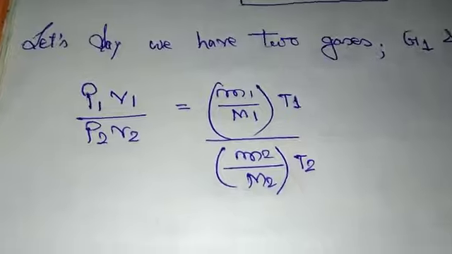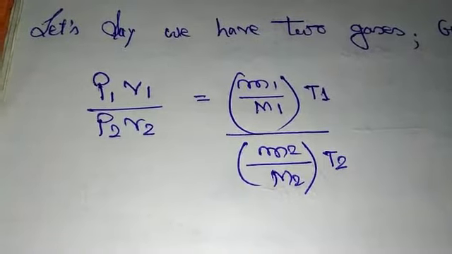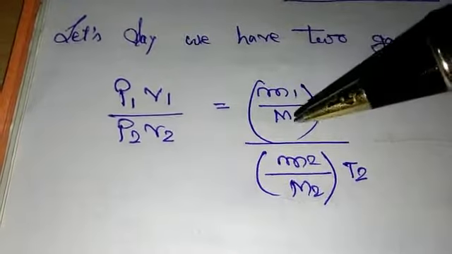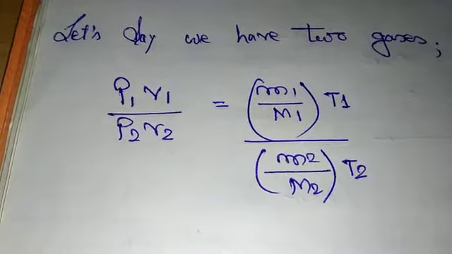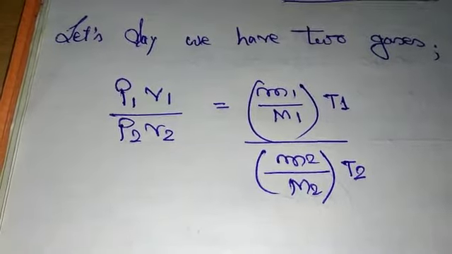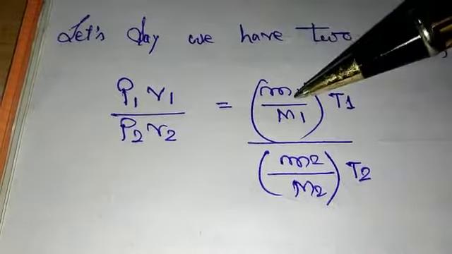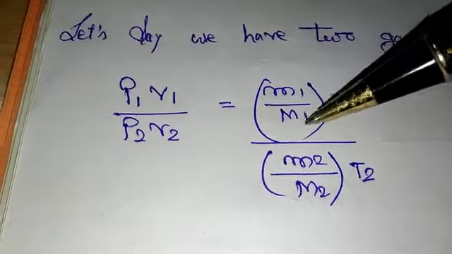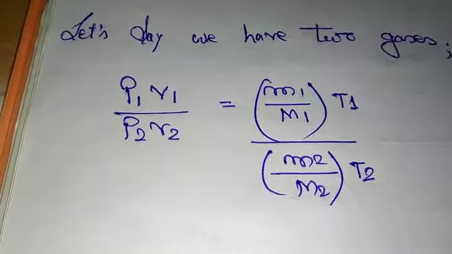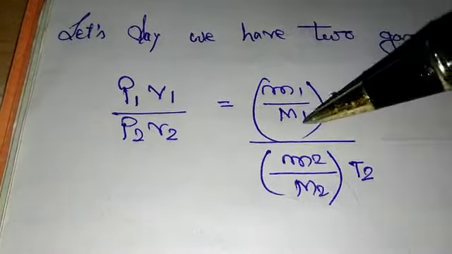So if you guys have done it, then this should be how the equation will look like. Now I haven't mentioned capital M1 because I want to know how much you have learned since we started the video. I have specifically said that the mass is denoted by the small m and the molecular weight is denoted by capital M. No two different gases can have the same molecular weights.